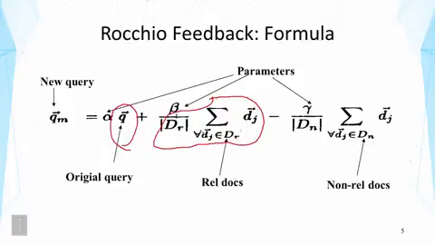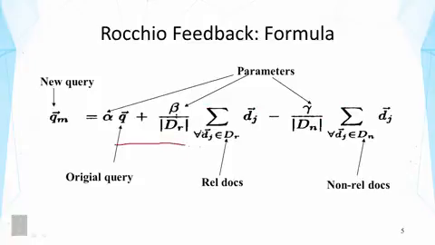When we take an average of these vectors, then we're computing the centroid of these vectors. And similarly, this is the average of non-relevant document vectors, so it's the centroid of non-relevant documents. And we have these three parameters here, alpha, beta, and gamma. They are controlling the amount of movement.